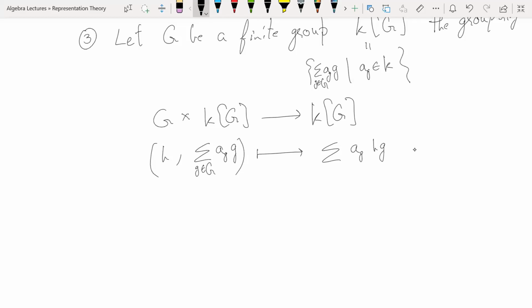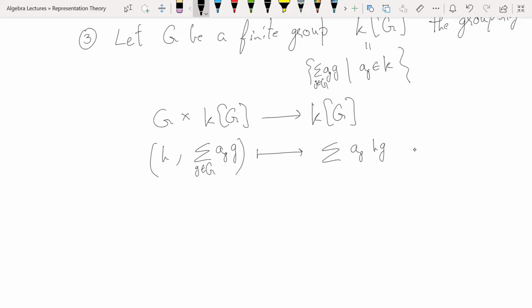And hopefully this is okay, so if I have h1, h2, I think this is okay.